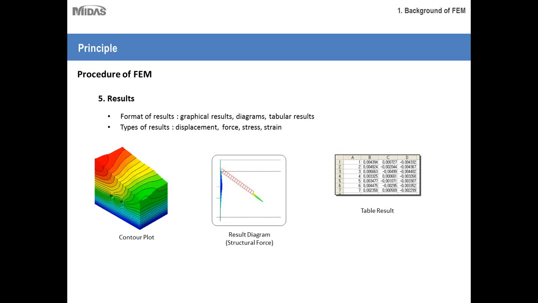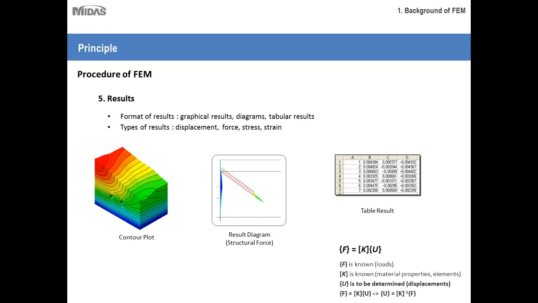So depending upon different types of results, it becomes easier for engineers to interpret the result in different formats, and that's why any tool that you use should be flexible enough to provide you results in different layouts and formats.